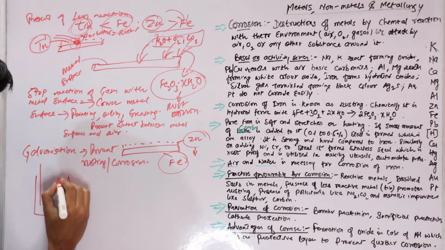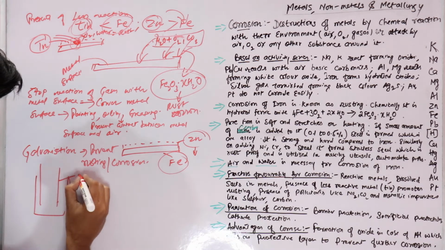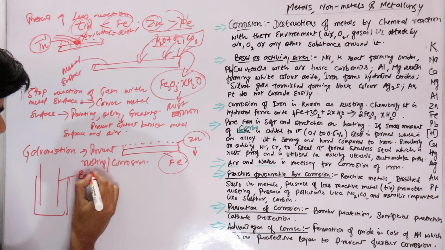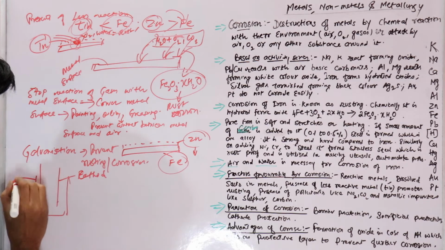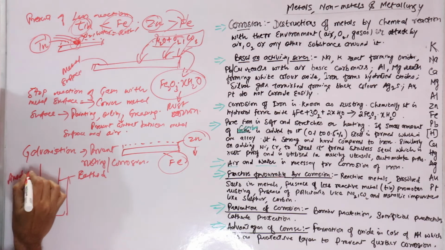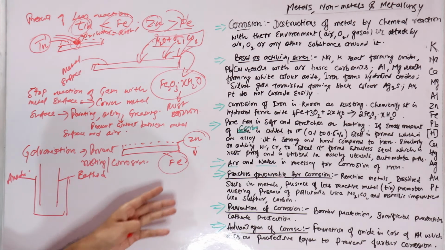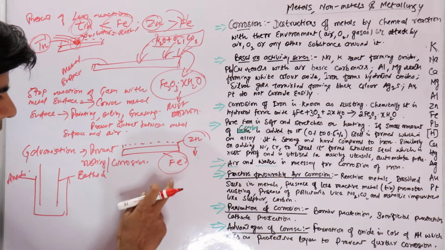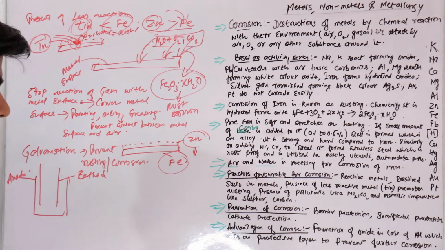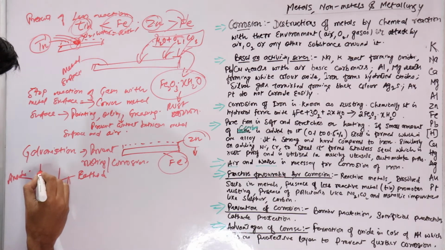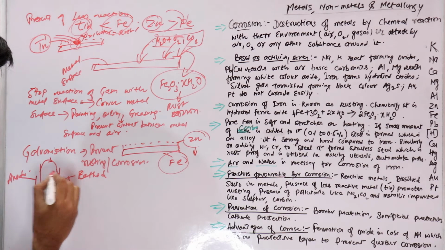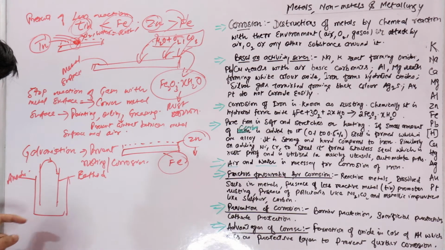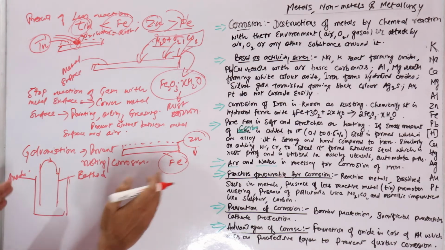Suppose this is the cathode and this is the anode. If we are trying to save iron, we will connect iron with zinc with a wire. We will connect both these metals.